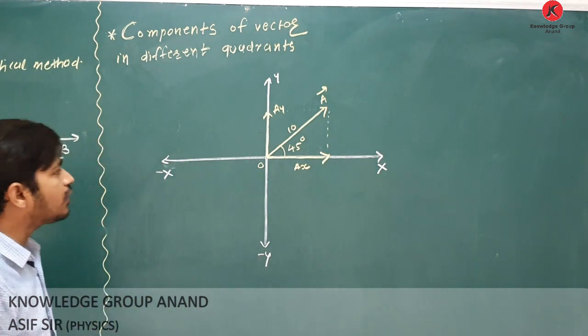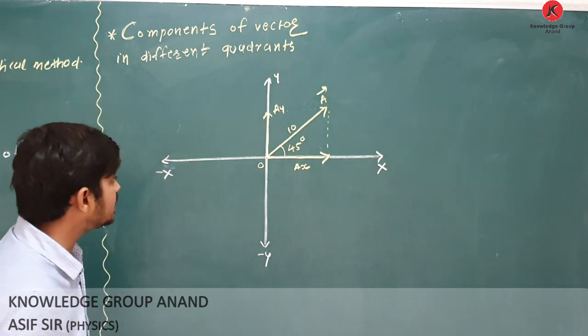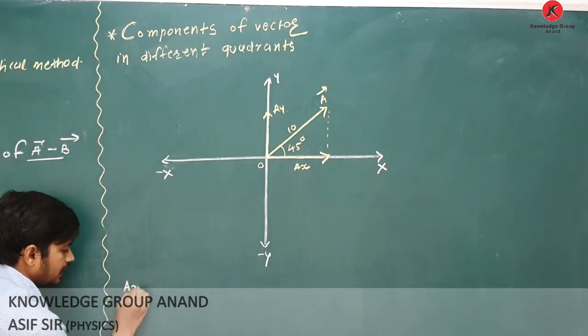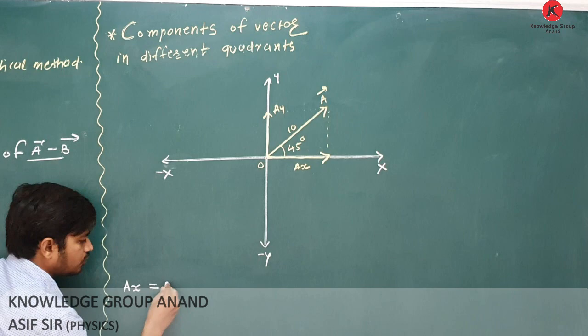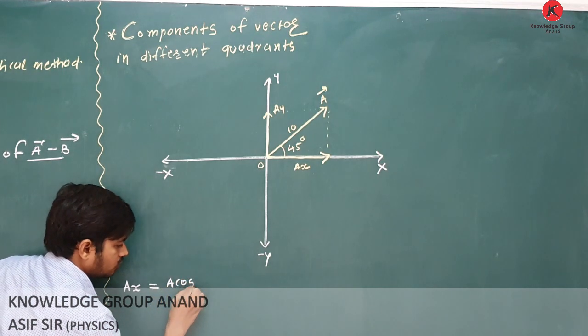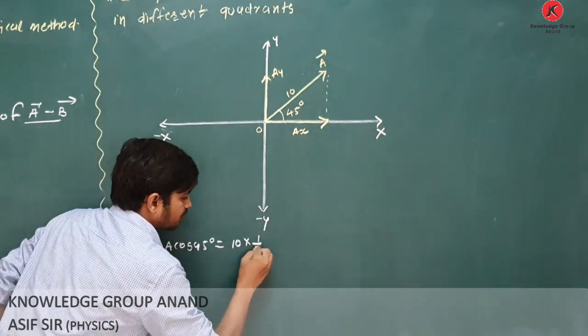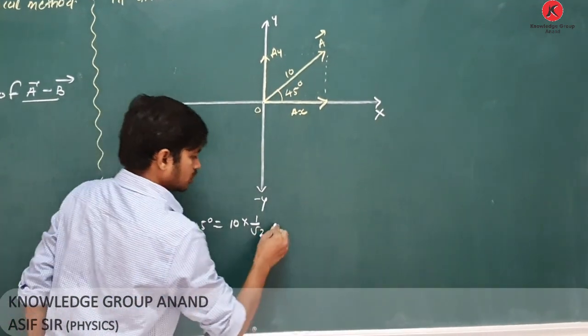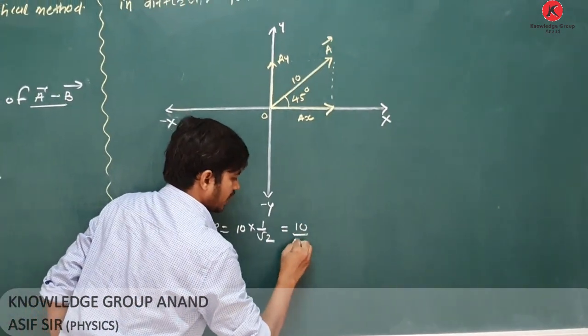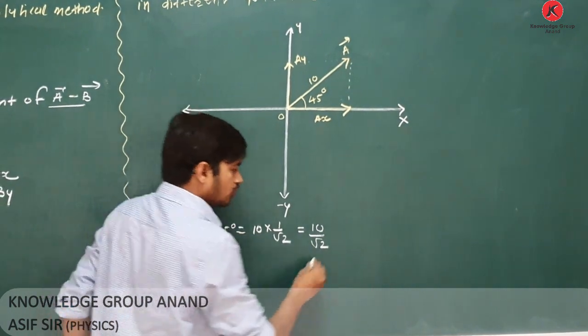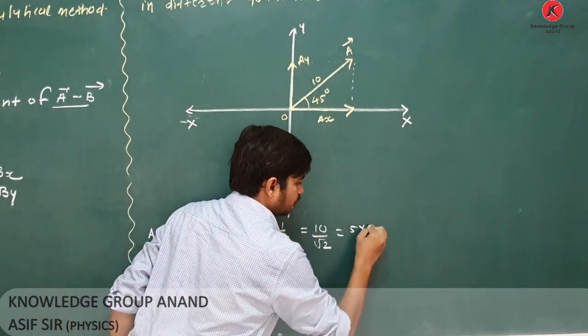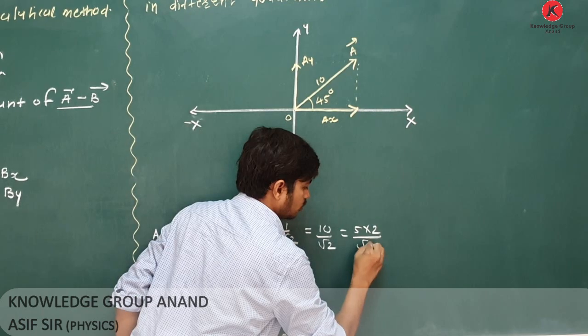Okay, first of all, I will find the value of Ax and Ay. See, here it is. Ax is equal to A cos 45. 10 cos 45 means 10 upon root 2. I can also write this as 5 into 2 upon root 2.